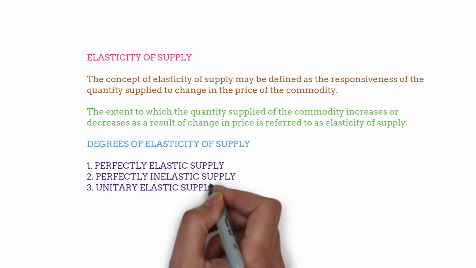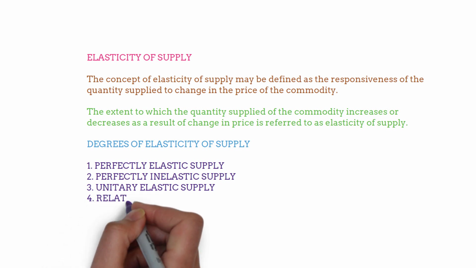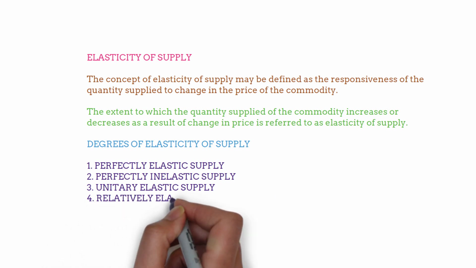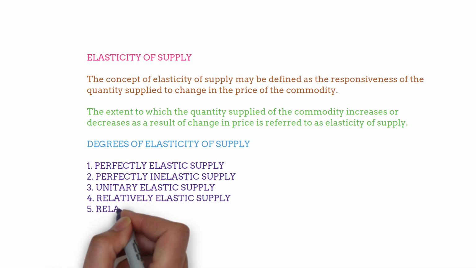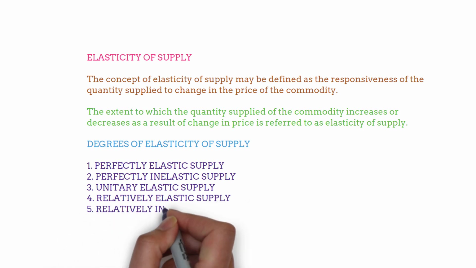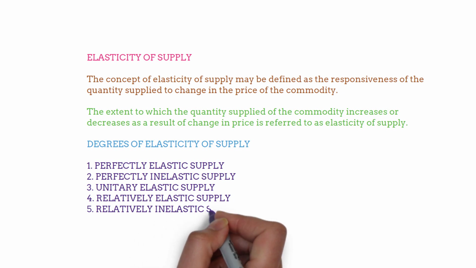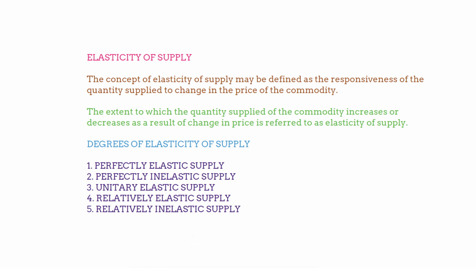Unitary elastic supply, in this elasticity of supply equals to 1. Relatively elastic supply, in this elasticity of supply is greater than 1, and relatively inelastic supply, in this elasticity of supply is less than 1.